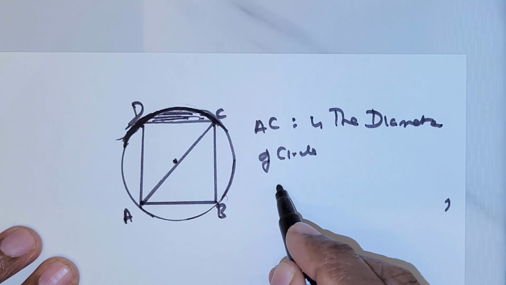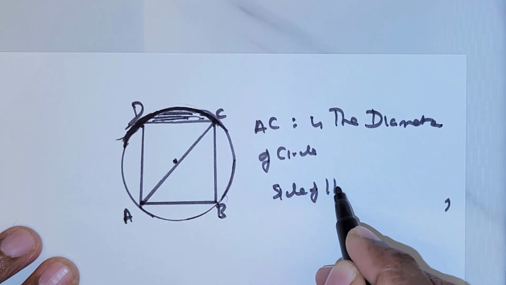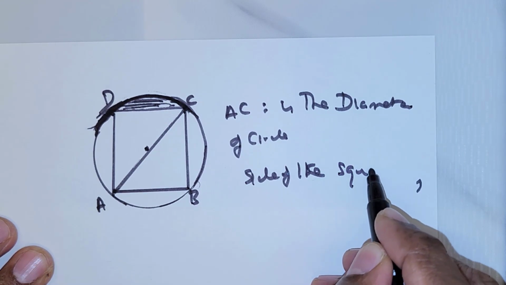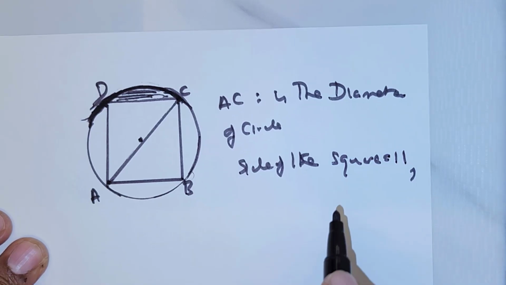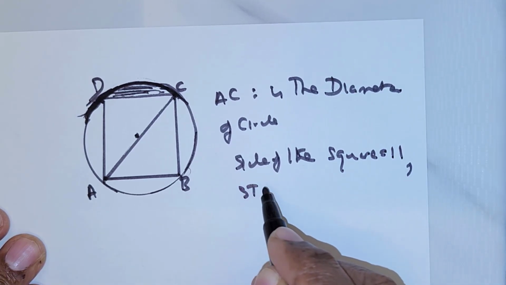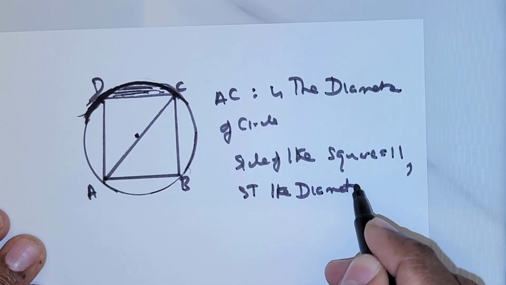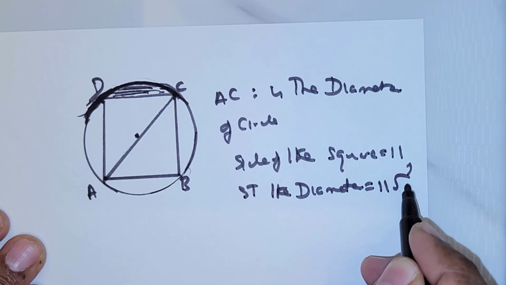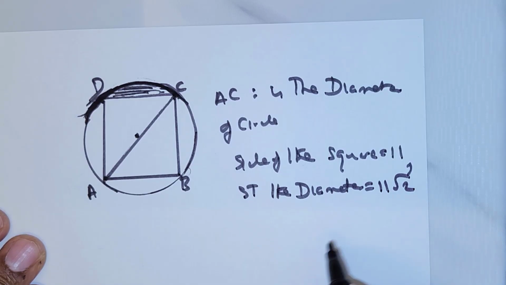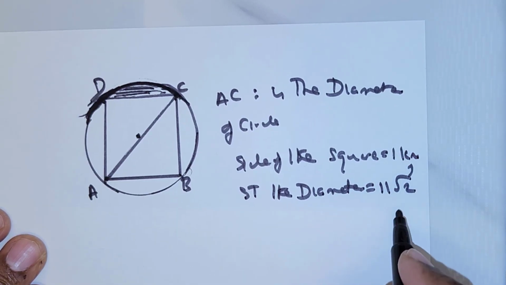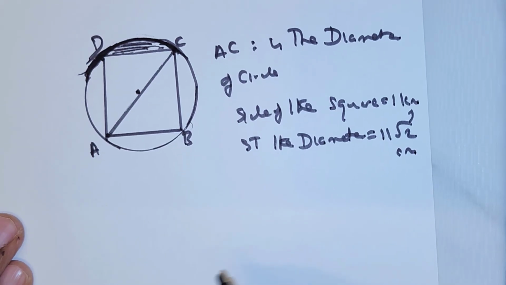Now, the side of the square is 11. So we have to show that the diameter equals 11 times the root of 2. It's given in cm, so this is going to be in cm.